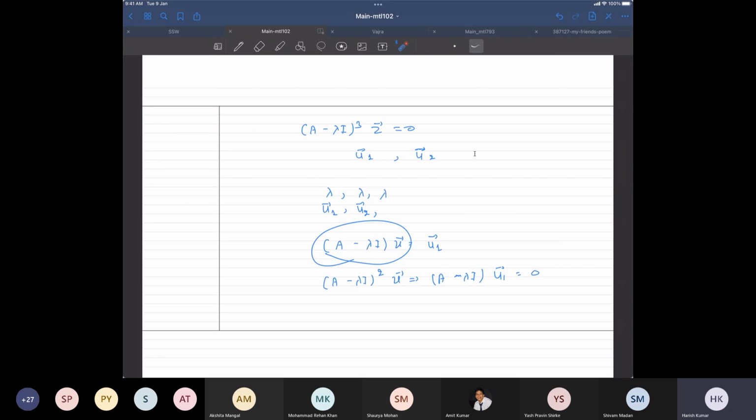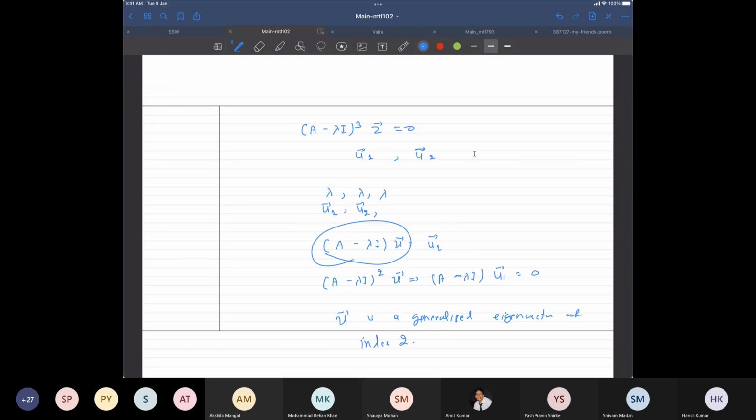So clearly v is a generalized eigenvector of index 2. Okay, v is a generalized eigenvector of index 2.